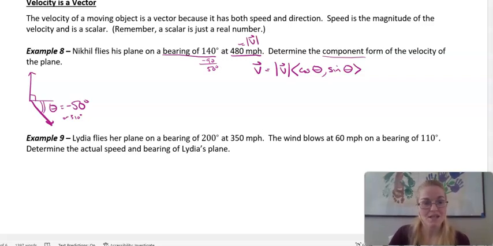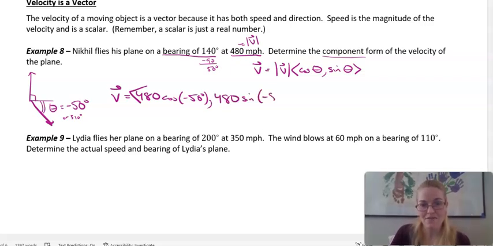Since cosine of 310 is the same thing as cosine of negative 50, I'm just going to use negative 50. His velocity vector is ⟨480 times cosine of negative 50 degrees, which is the horizontal component, and the vertical component is 480 times sine of negative 50 degrees⟩. And so that's what I have exactly.